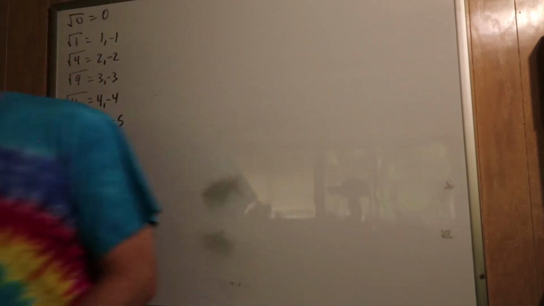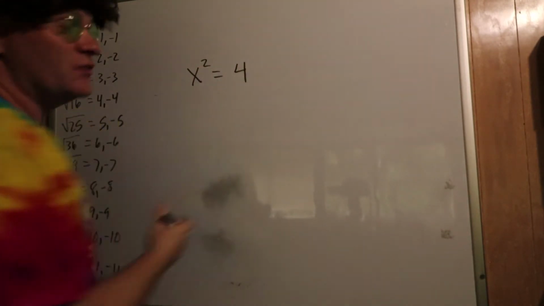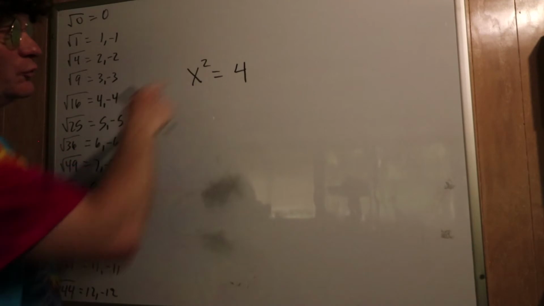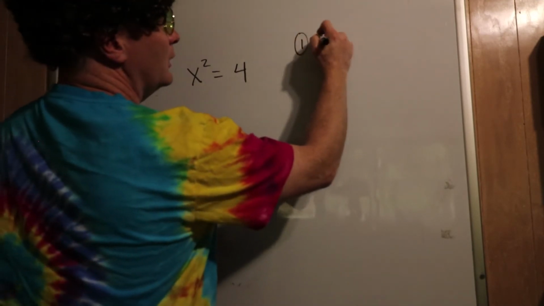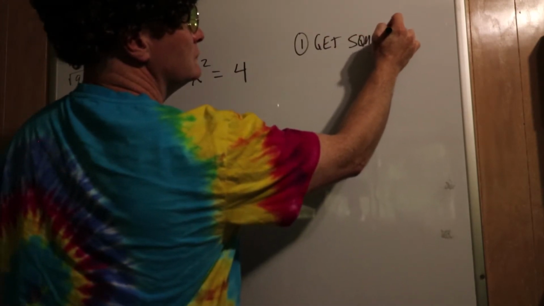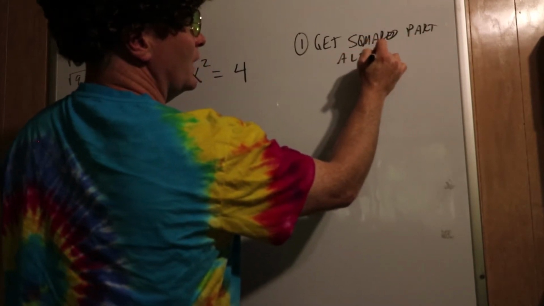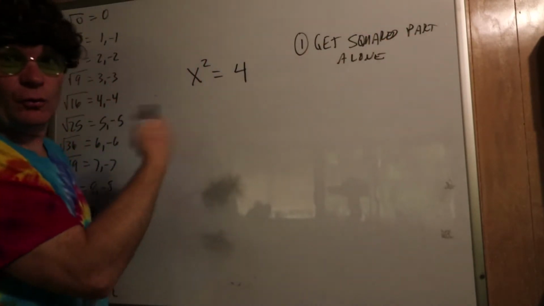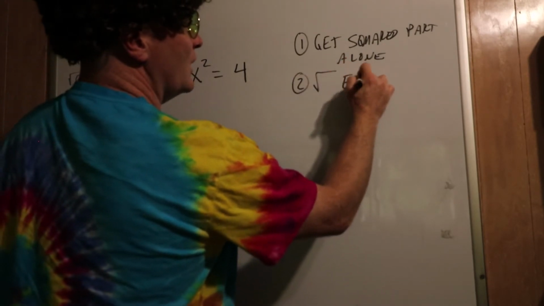Okay, let's get started. For the most part, you guys did a great job on ones like this where it was just x squared. Remember, our steps are: step 1, get the squared part by itself. That's already done on this one. We just got x squared on the left side. Step 2 was square root each side.